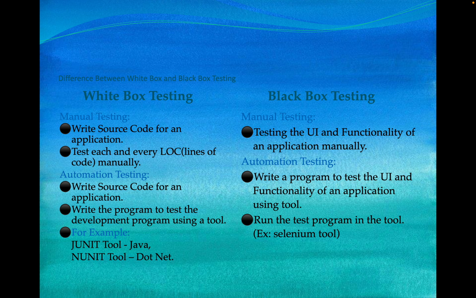In black box testing, the automation testing process involves writing a program to test the UI and functionality of an application using a tool, and running the test program in the tool, for example the Selenium tool or Jira. For example, in white box testing, this automation testing will be done by the Unit tool in Java, and in .NET, the Unit tool.